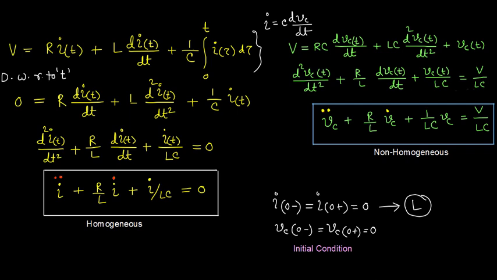Before the turn on of the switch, capacitor voltage was 0, and just after the instant of turn on, capacitor voltage is also 0. This is due to the capacitance. So these are our initial conditions.